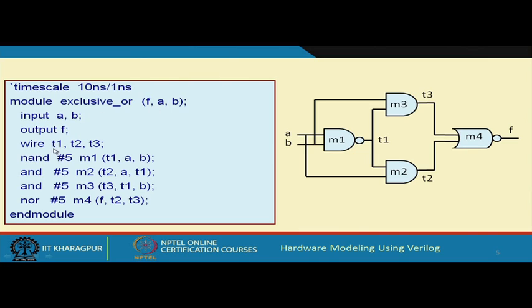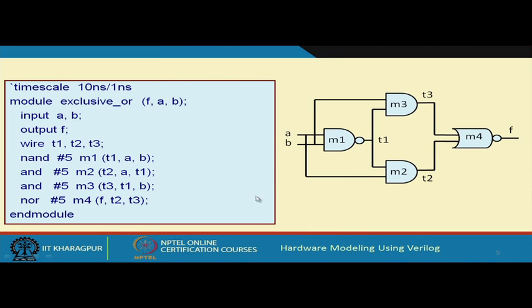Here there are 3 wires T1, T2 and T3. So, we have used M1, M2, M3 and M4 as gates. Here we have specified all delays as 5, as I said. These will be used only for simulation purposes. Okay.